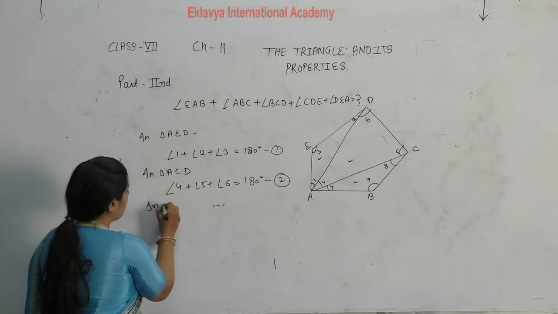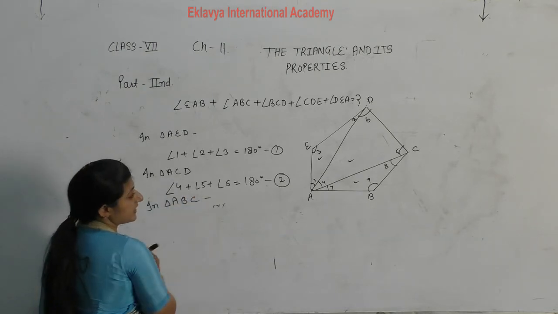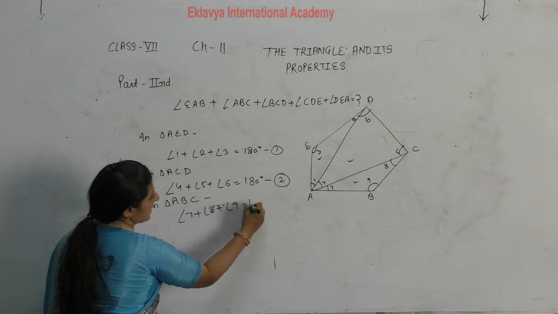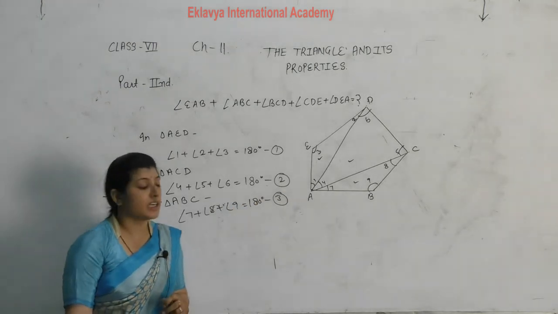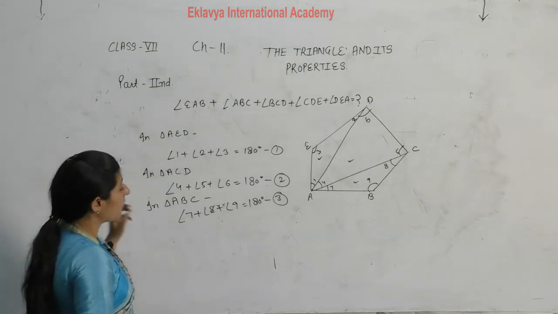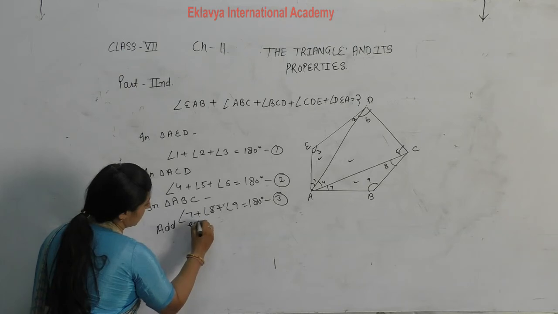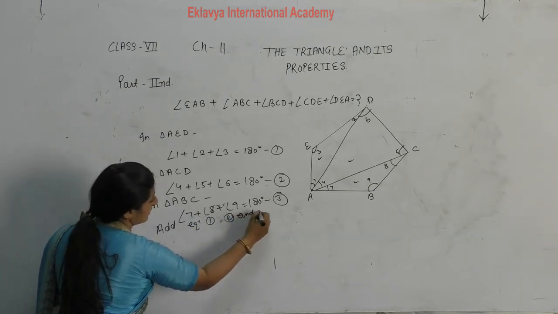Third triangle, in triangle ABC, angle 7 plus angle 8 plus angle 9 is equal to 180 degrees. Third equation. Add equations 1, 2 and 3.